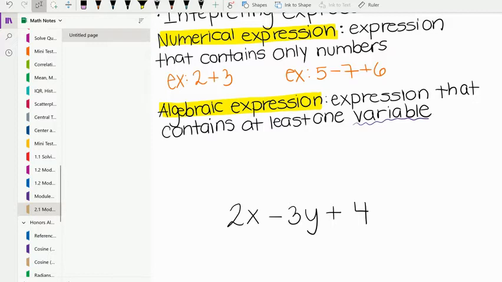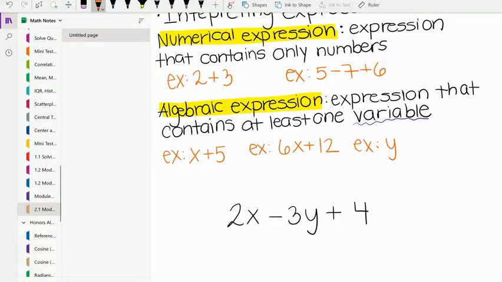An algebraic expression could be something like x plus 5. So it has at least one variable. I'll do a couple more examples: 6x plus 12. We could also have something like y. It has at least one variable, so that would be an algebraic expression.